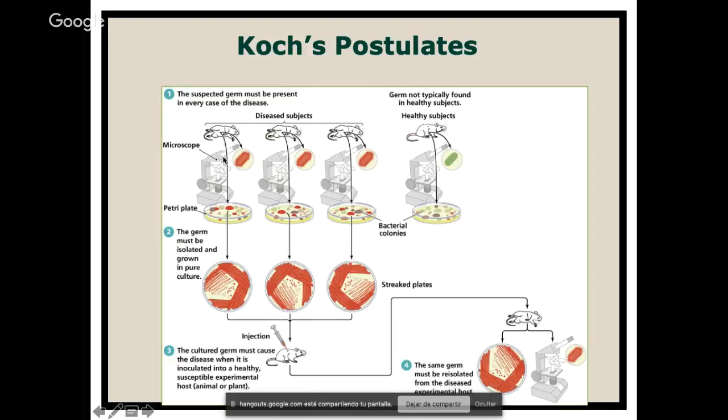We take the microbe or the bacteria, put it in a culture, and then we isolate the germ. Then we inject this germ into a healthy host, and this mouse develops the same disease as the first subject.